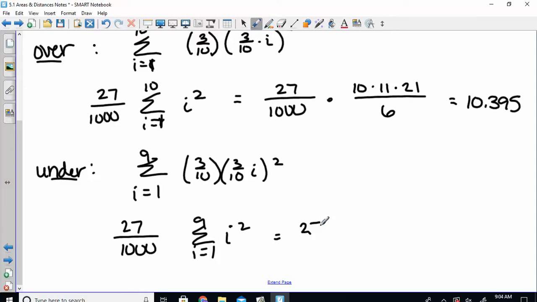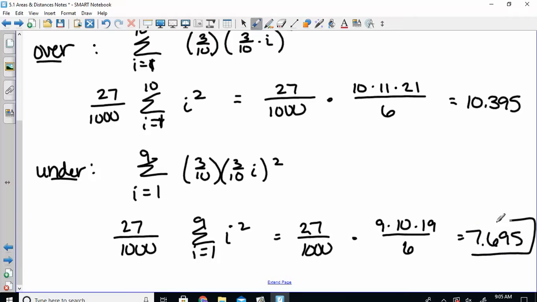So now we do our formula. i squared is n, but my n is 9, times n plus 1 is 10, times 2n plus 1 would be 19, over 6. And we get 7.69.